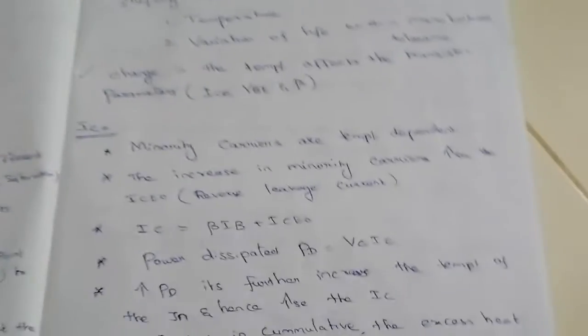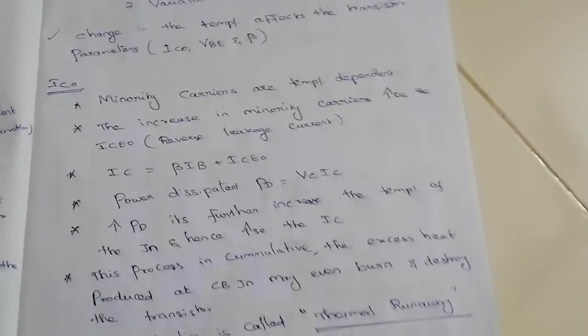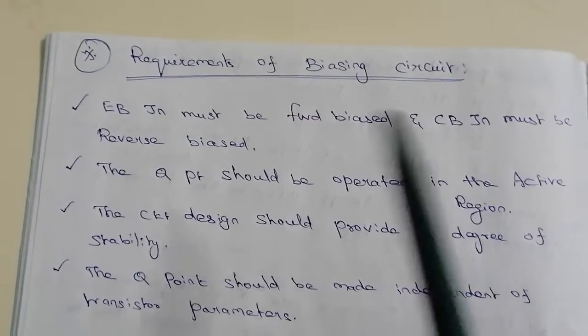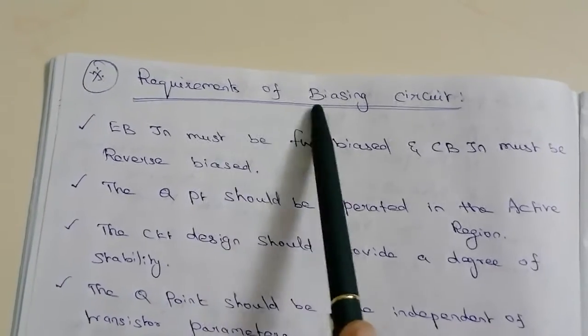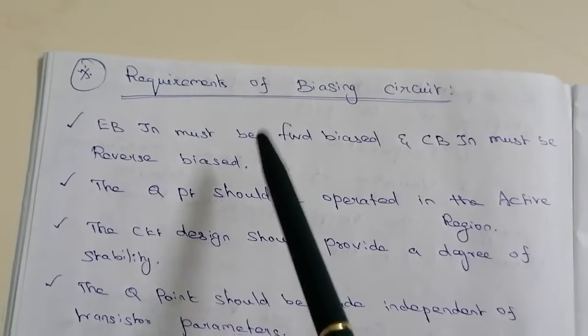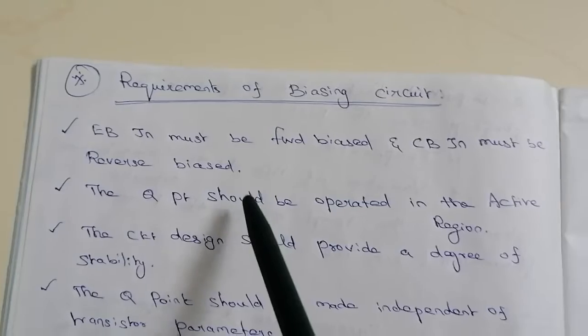Now is it clear? So due to these three transistor parameters, there is a possibility to change the collector current. So next one, requirements of biasing circuits. It's very important. So already we have seen what is biasing, what is the Q point or operating point, what is stability factor.